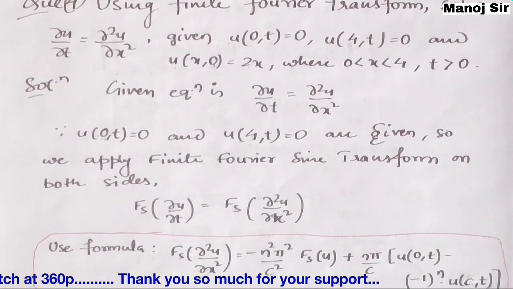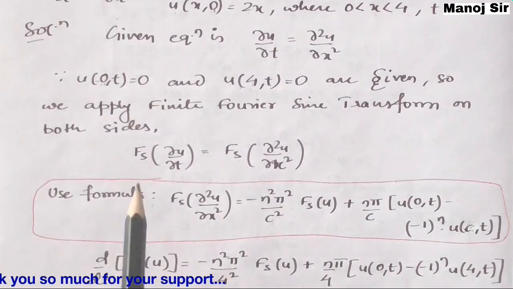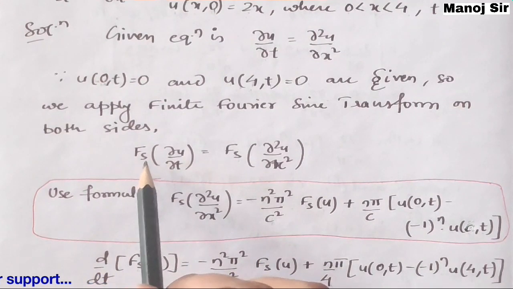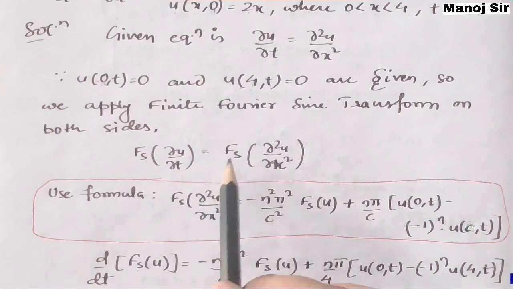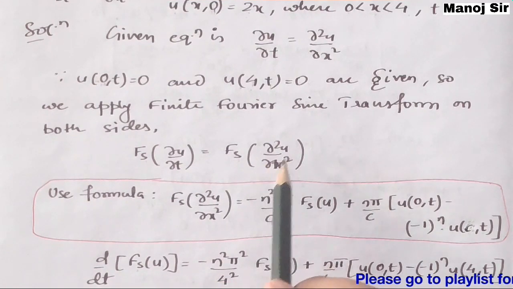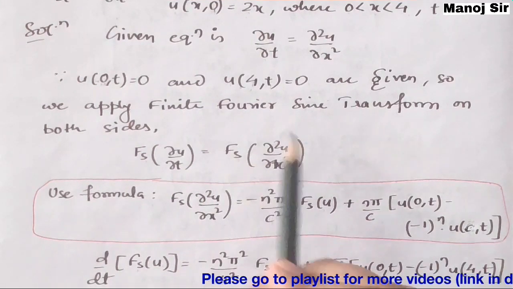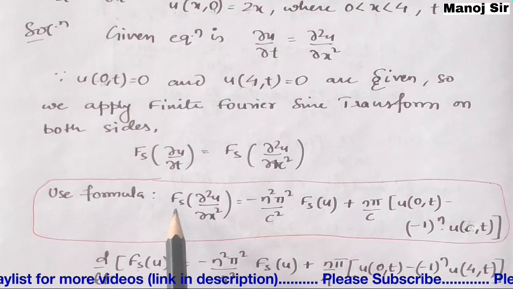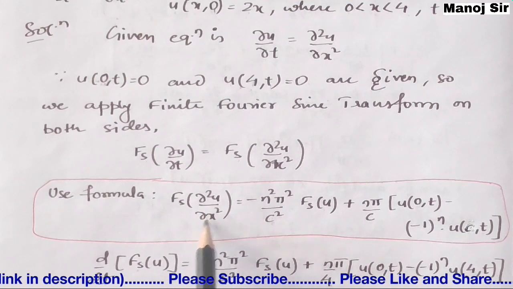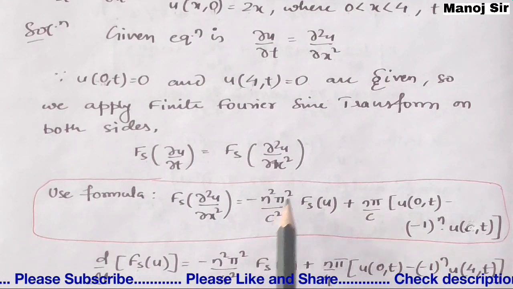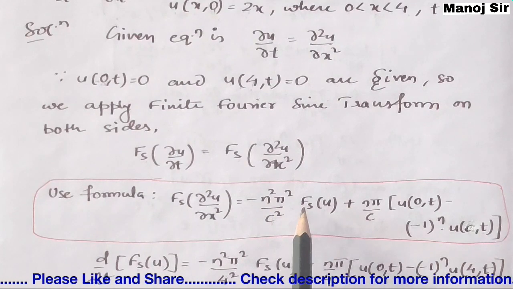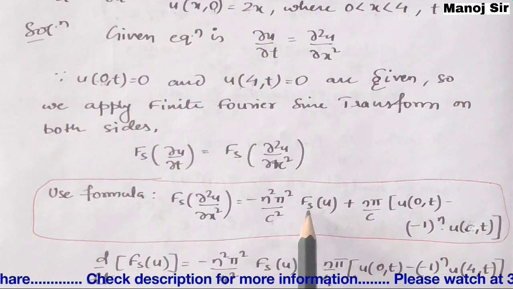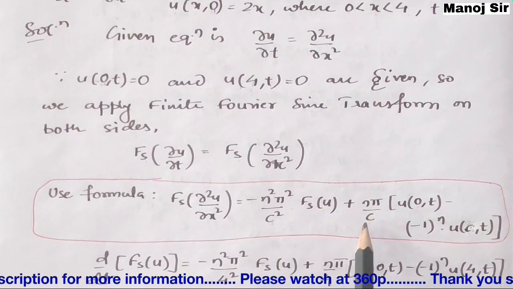So you will get the finite Fourier sine transform of del u upon del t equals the finite Fourier sine transform of del square u upon del x square. You need to remember the formula for this: the finite Fourier sine transform of del square u upon del x square is minus n square pi square upon c square times the finite Fourier sine transform of u, plus n pi upon c.